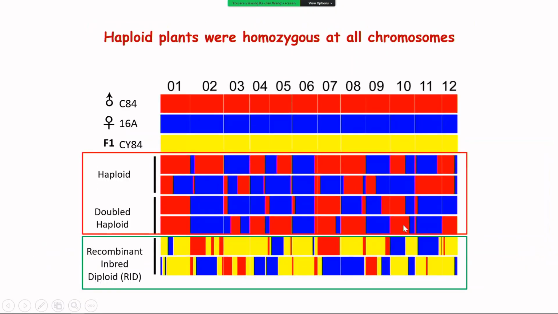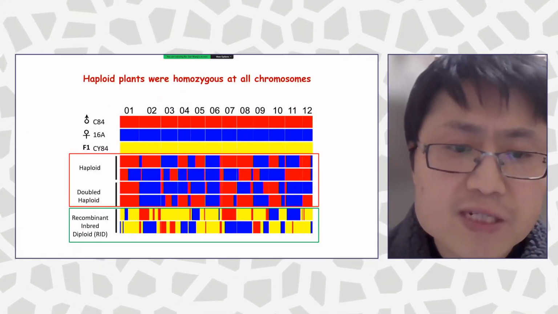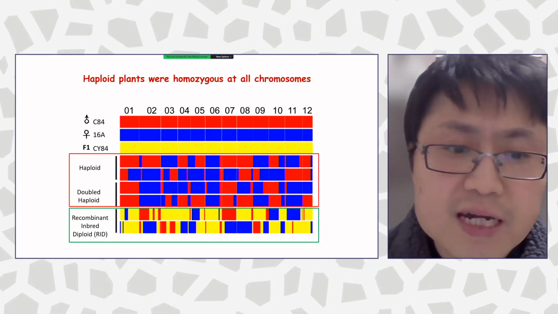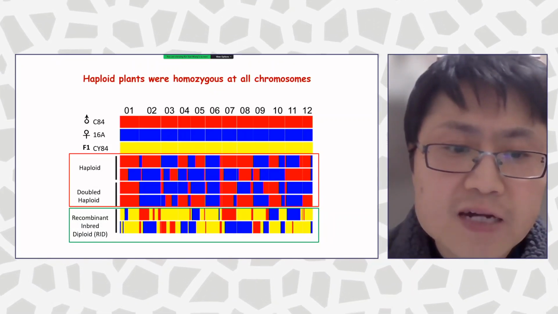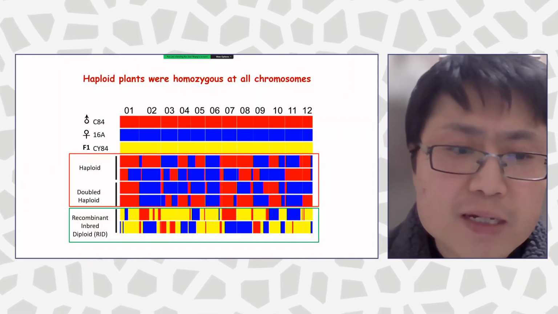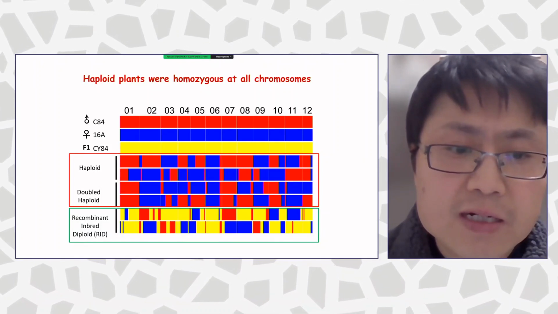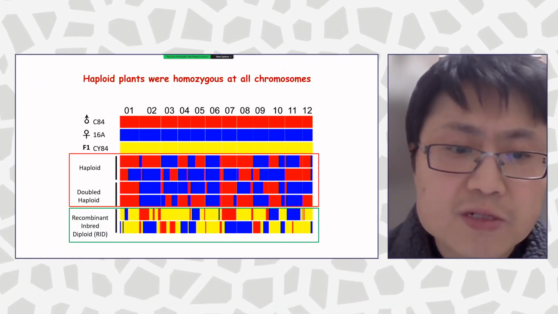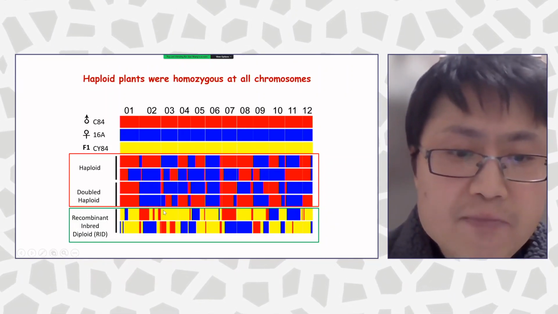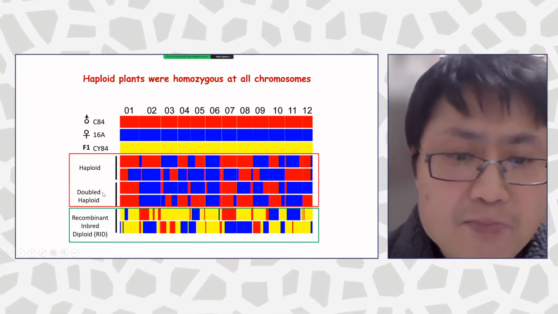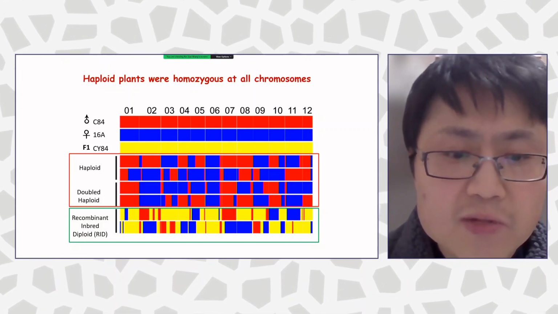Next, the whole genome of those plants and the parent plants was resequenced. The red and blue colors indicate the 2 parents respectively. Yellow color shows the heterozygous F1 hybrid. Bioinformatic analysis revealed that yellow colors were observed in many chromosomes of the F1. In contrast, the haploid and the double haploid plants were homozygous at all chromosomes.